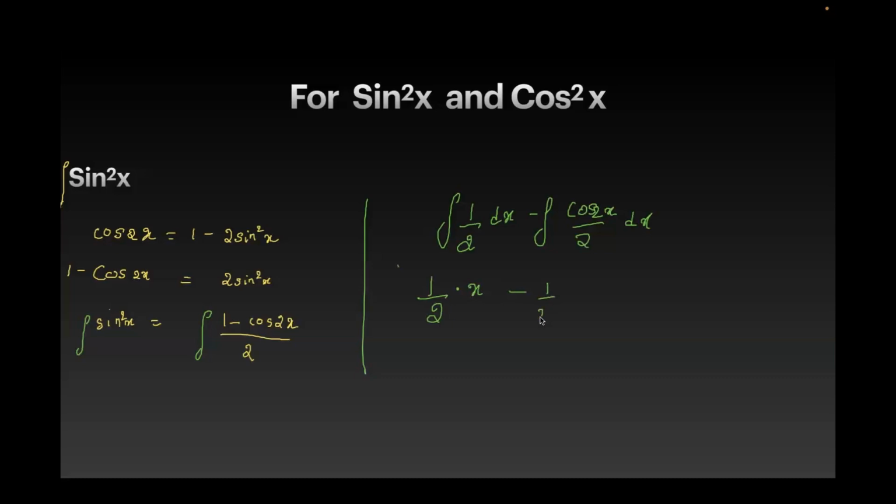Minus 1 by 2, again take it outside, integral cos of nx is sine of nx by n, by 2. So it is x by 2 minus sine 2x by 4 plus c. This is the answer. Try cos square x integration by yourself.